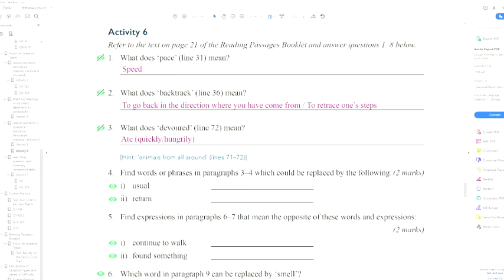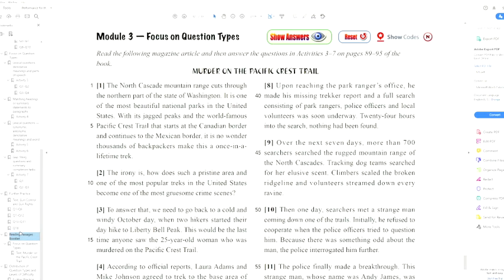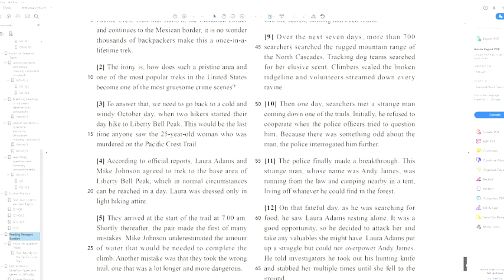Okay, so find words in paragraphs 3 and 4 which could be replaced by the following. Usual. This is going to be in line 19. What word in line 19, this paragraph, could be replaced with usual?